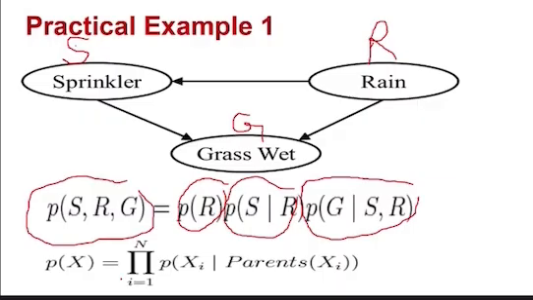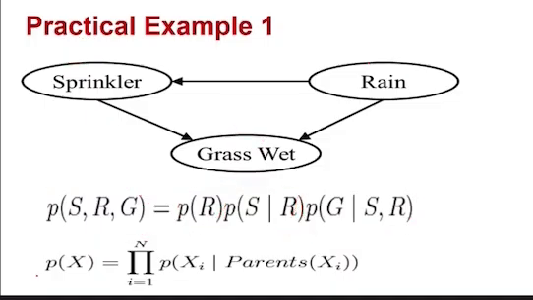Now, let me tell you this. If all these events are absolutely independent, I'm going to say that again, if all these events are absolutely independent, we're only going to have three parameters.